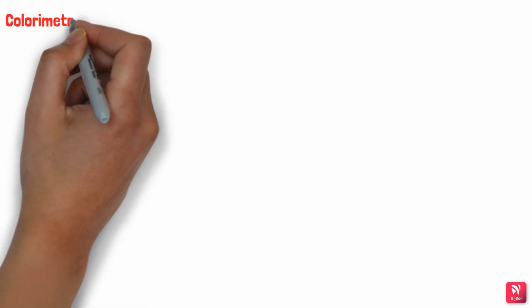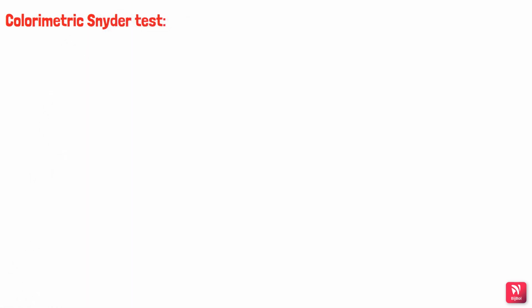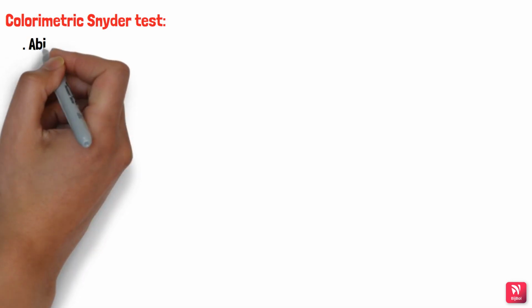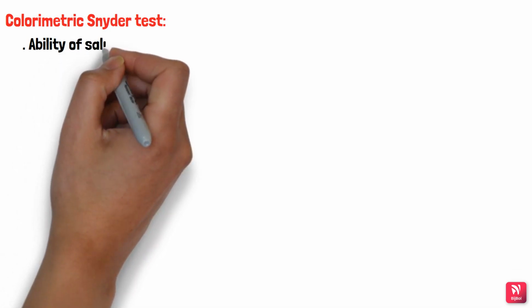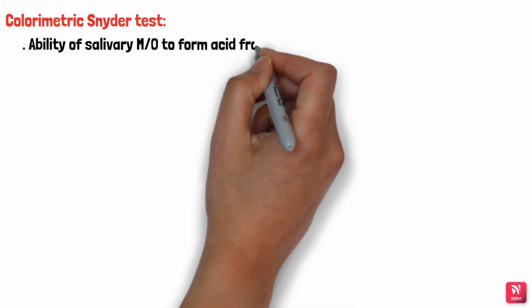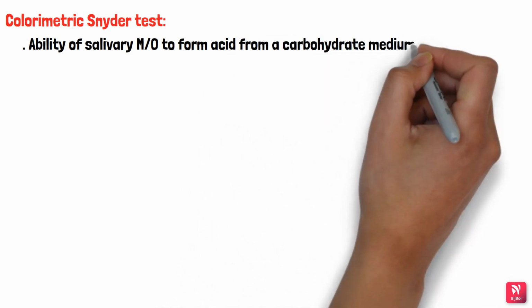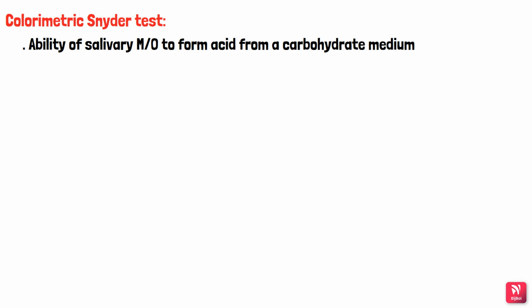Next we will see the colorimetric Snyder's test. This was developed by Snyder in 1951. Here we estimate the amount of acid produced in the patient's saliva. When we determine the amount of acid produced, we get to know how much caries activity there is in a particular patient's mouth.